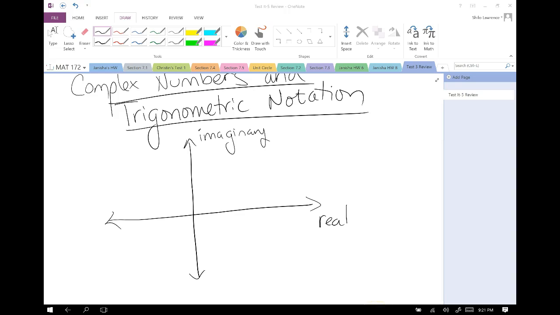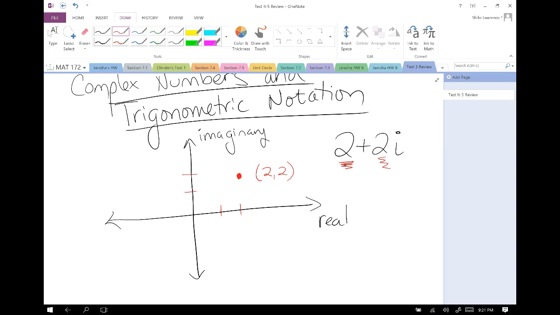For example, let's say, I'm just going to do something easy, 2 plus 2i, by finding 2 on the real axis and then 2 on the imaginary axis and seeing where they connect. It's technically the point (2, 2), because 2 on the real, 2 on the imaginary, and those are the two numbers that I see in my complex number there.